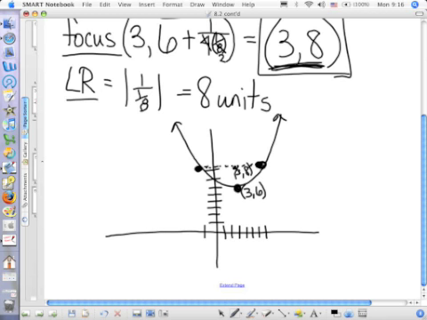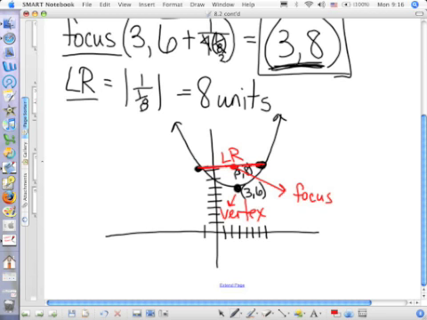The LR is a line segment. Okay? This is your vertex. This is your LR. And this is your focus, which is the middle of the LR.